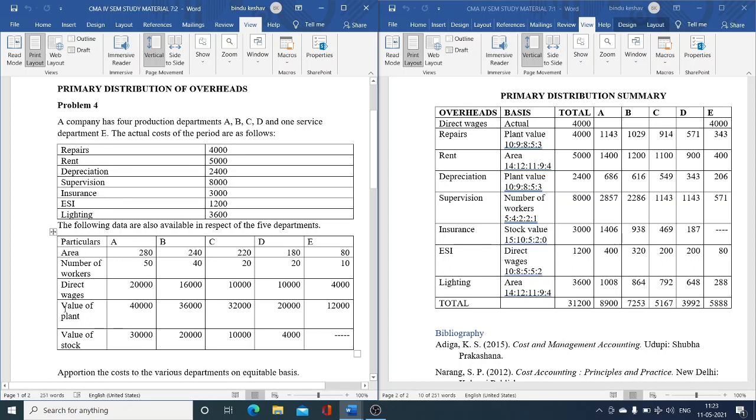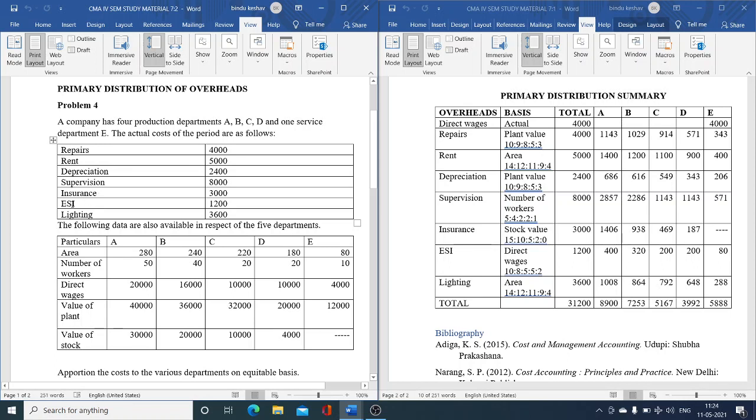So we have the information about the value of plant as well as the value of stock. Now the value of plant information was used for apportioning repairs as well as depreciation. Now this insurance we will consider it as the insurance of the stock of materials. So the value of stock information will be used in order to distribute insurance.